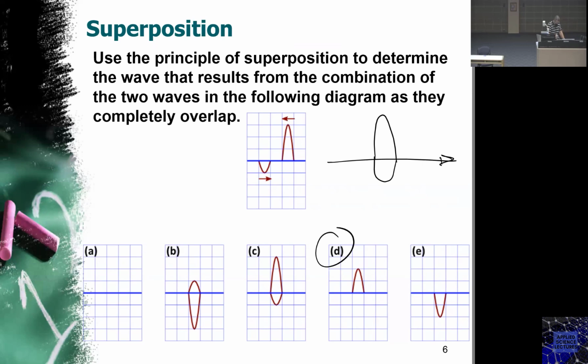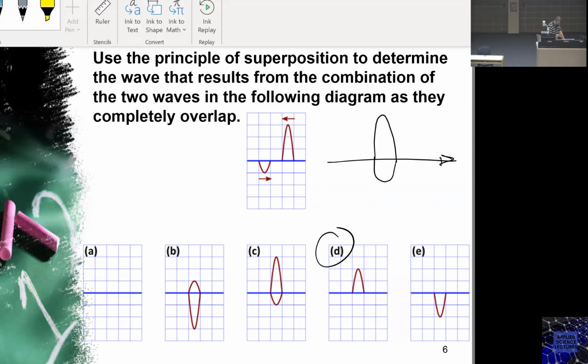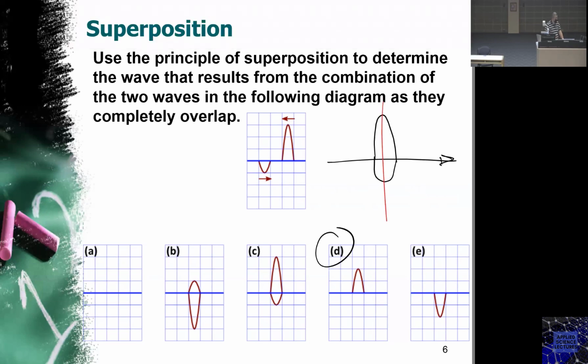Well, draw this line and look at every point and its corresponding point and apply the superposition. What you're going to end up with is a function that looks like this.